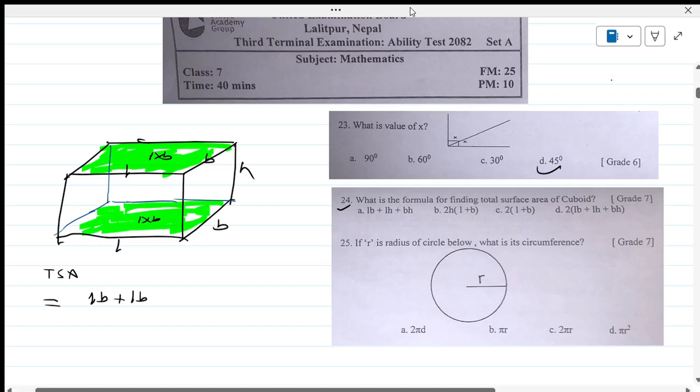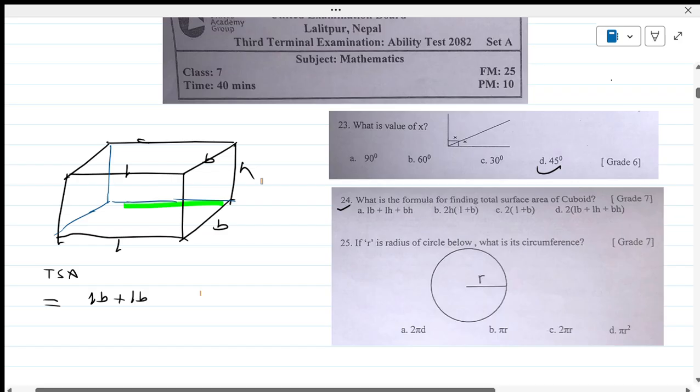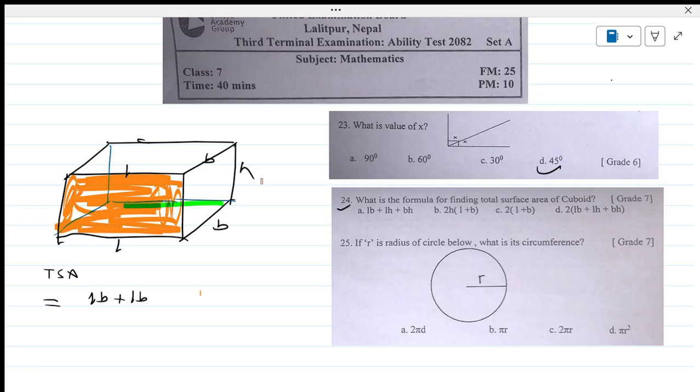Let's think about the walls towards the length side first. Now I'm talking of the wall which is from the length side. So this is the wall, and this wall is along the length.